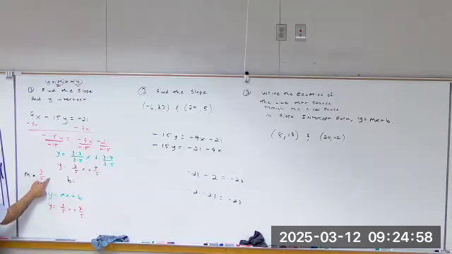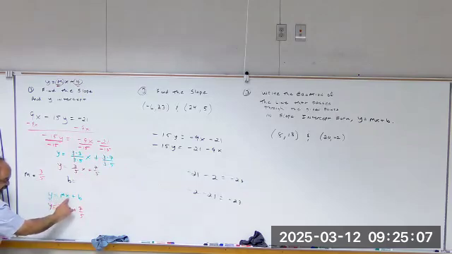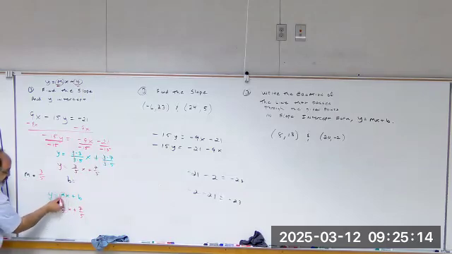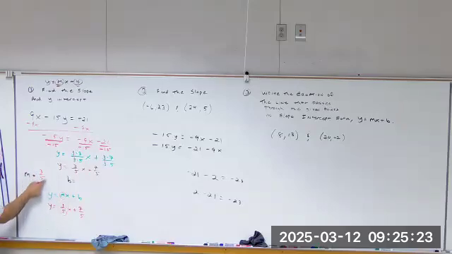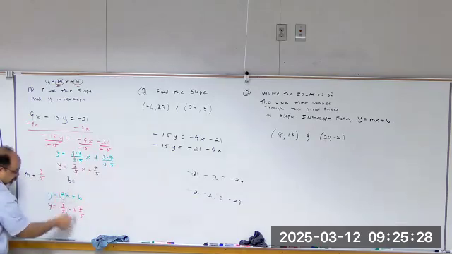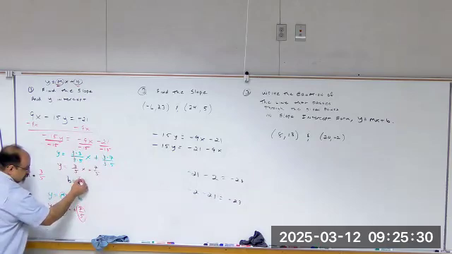No. The slope and the x are two different things. When I want to know what m equals, m is just the coefficient in front of the x. So the slope is just the 3/5, no x. And then what's the y-intercept? 7 over 5.